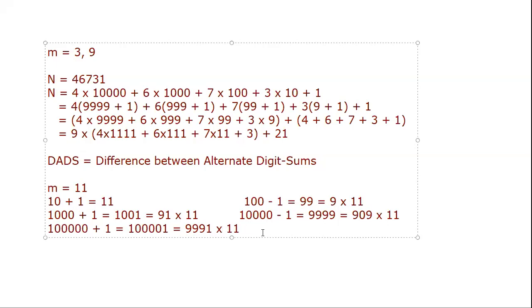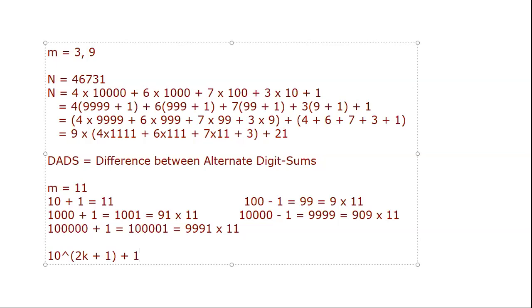Now there is some algebra behind this. If you have 10 raised to an odd power plus 1, then you can factorize this as 10 plus 1 times something, which is 11 times something.